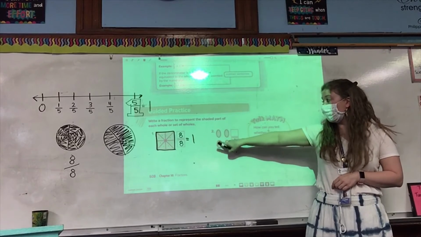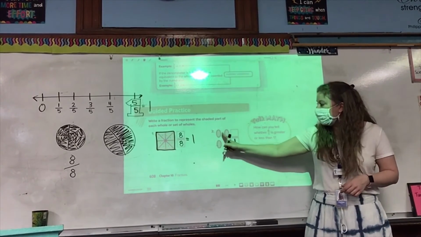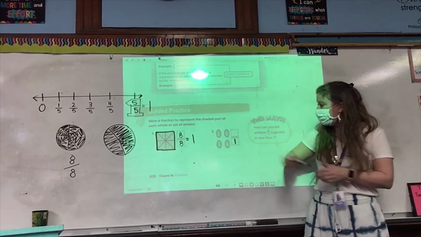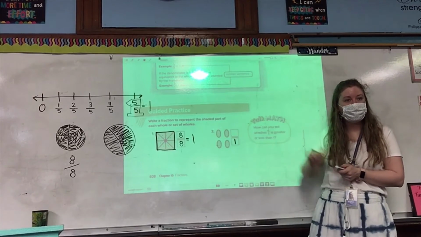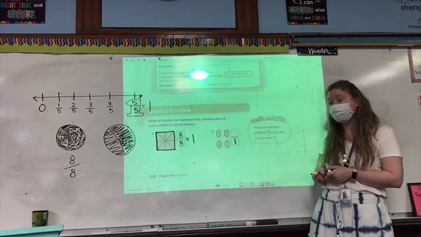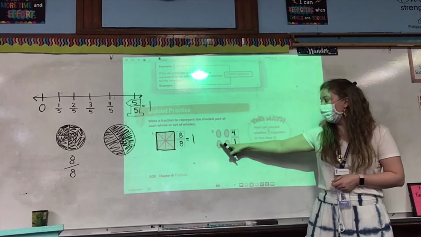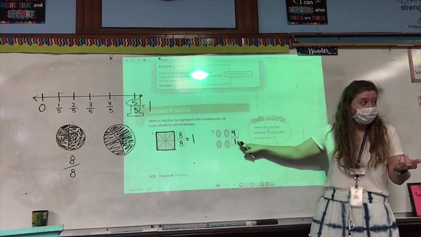If it was broken into 0 pieces, that means it wouldn't exist, but it does. So each of these ovals is broken into 1 piece. Well, how many do we have? 4. So that means we have 4 ovals. Each of them is whole. They're not broken up.